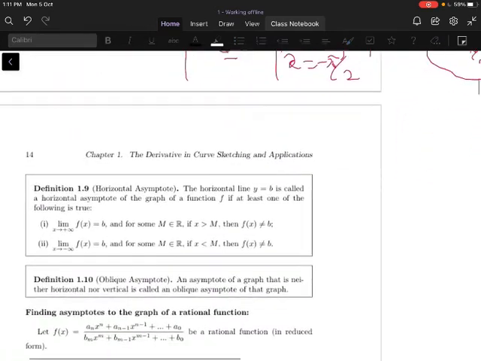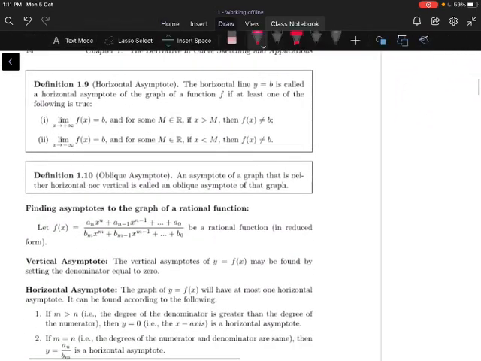Now let us move to the definition of the horizontal asymptote. The horizontal line y is equal to b is called the horizontal asymptote of the graph of the function f if at least one of the following is true. The limit of the function f of x as x extends to plus infinity goes to b. Therefore, y is equal to b is a horizontal asymptote.